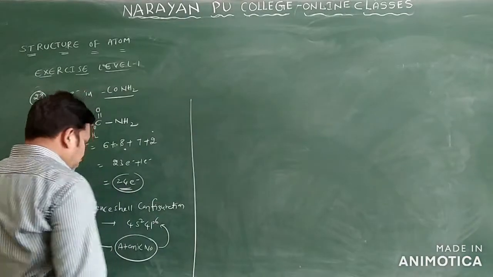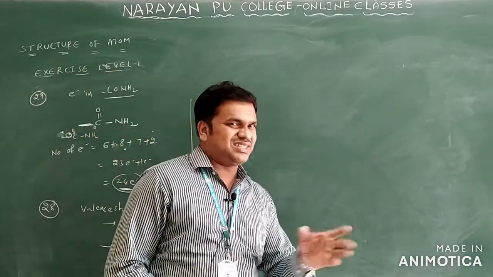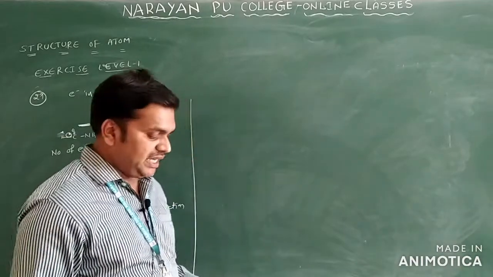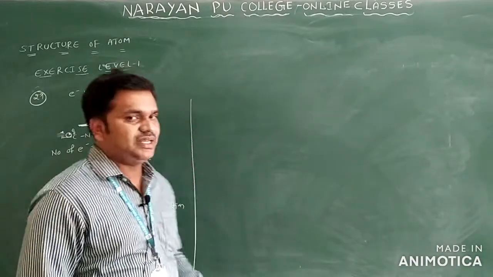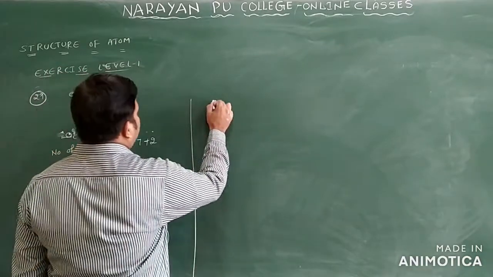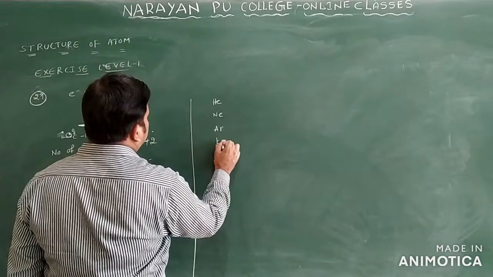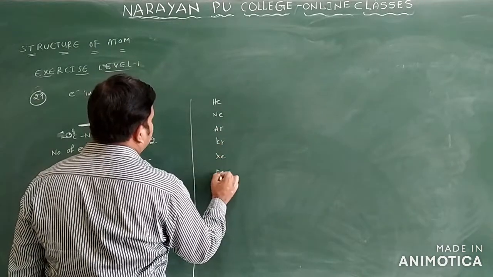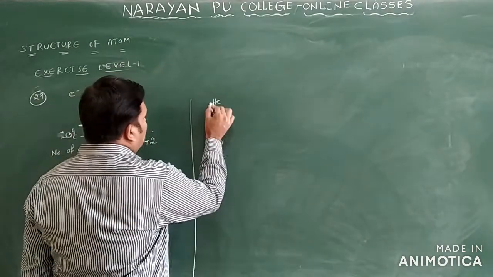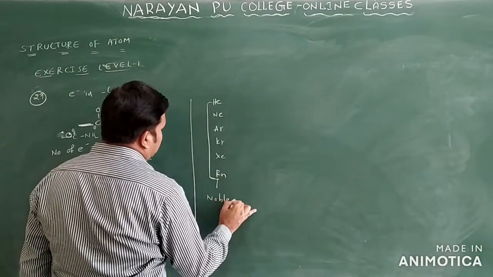Generally we have to get the electronic configuration in the case of periodic classification of elements. But let us see the last group in the periodic table: helium, neon, argon, krypton, xenon and radon. All these are called noble gases.